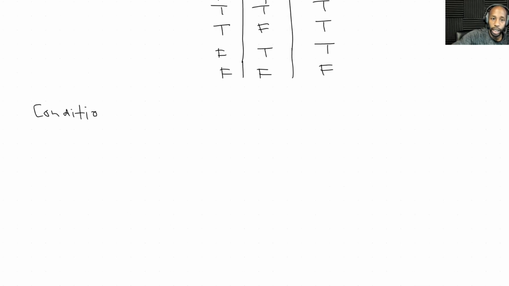All right, good. So now let's go on to the next one, which is conditional, which is denoted by if, then. Let's type this out again since this stuff isn't really behaving. A conditional statement is a connection of two statements using if, then.